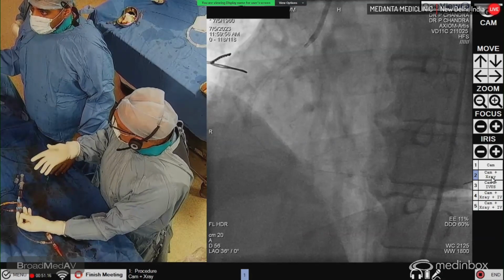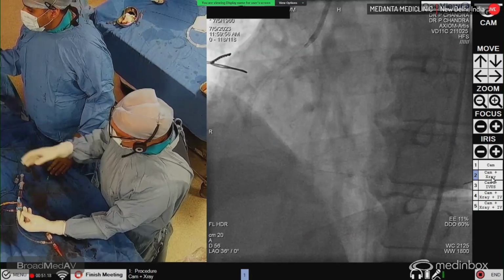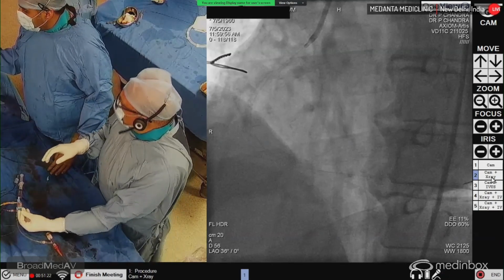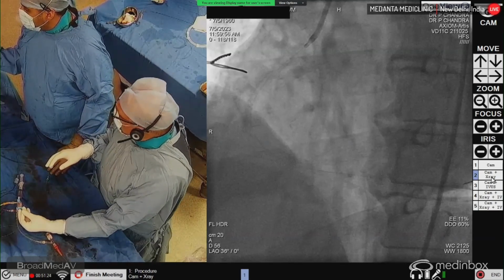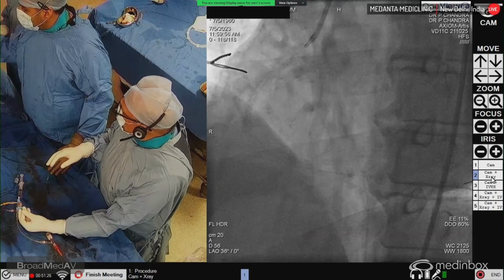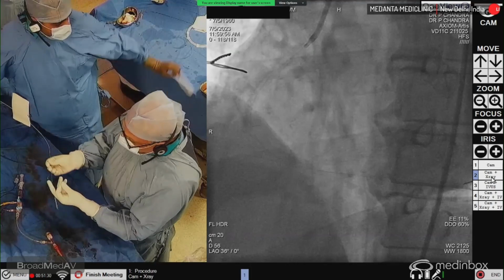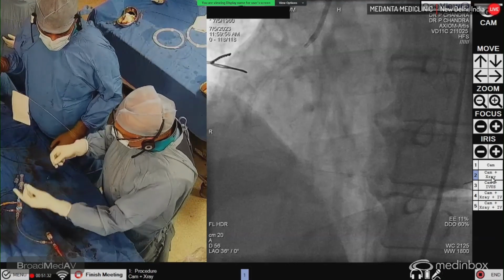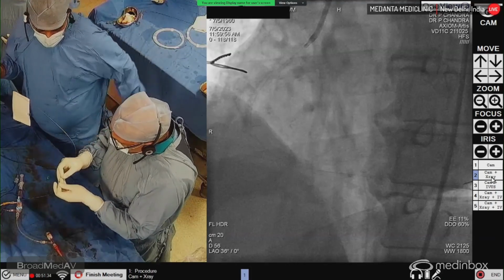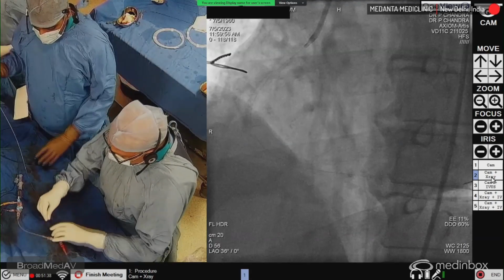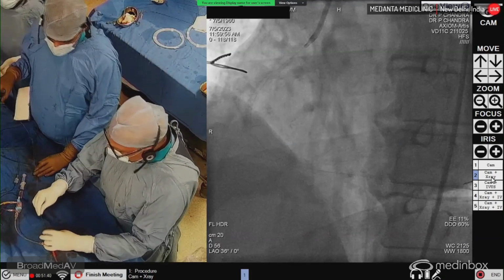2.12 is okay. Yeah, 2.15. 2.15 is better. So we'll take a 2.15 Mini Trek, which is a semi-compliant balloon, because the crossability of this will be much better as a starting point, and we'll also know how it is moving. So this is the 2 millimeter by 15.